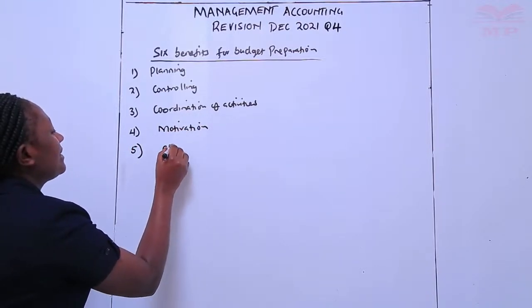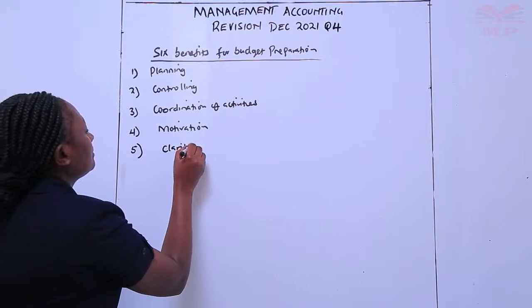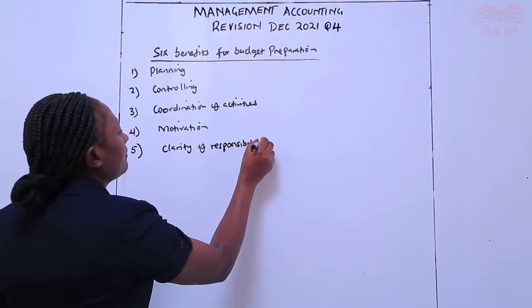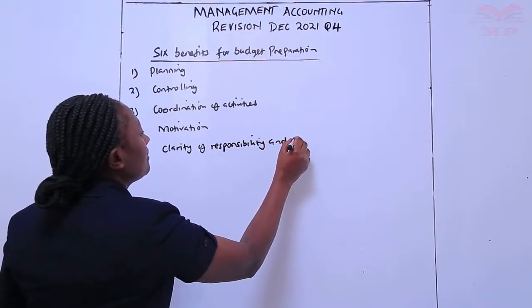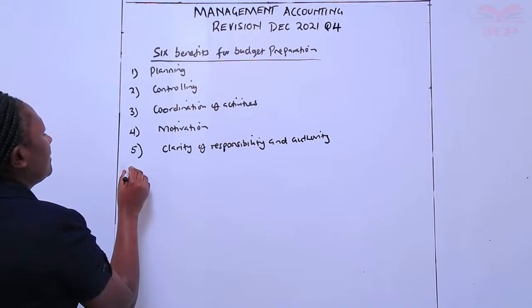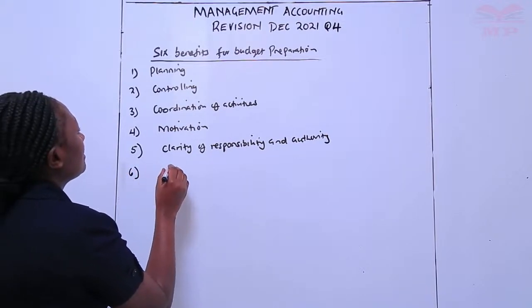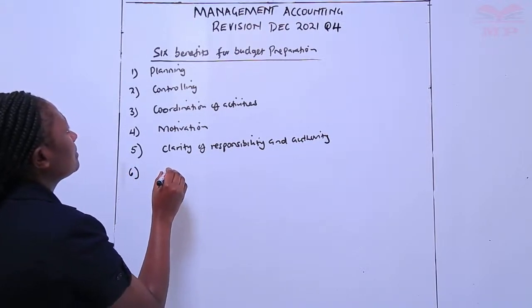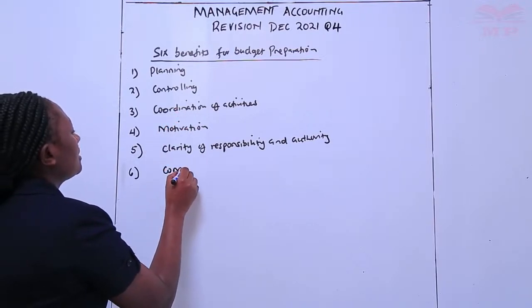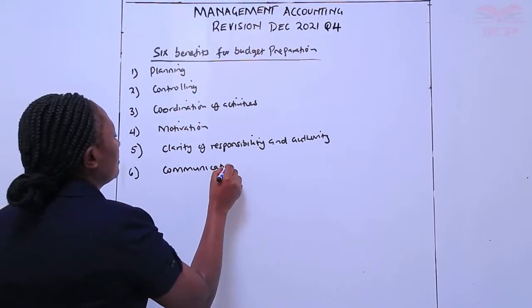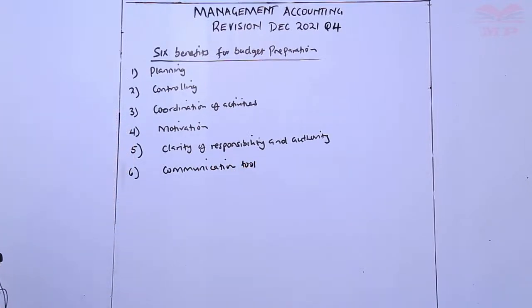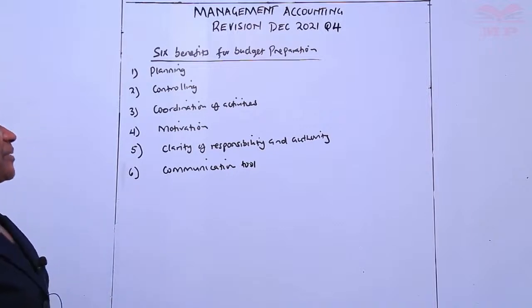Number 5, clarity of responsibility and authority. And then number 6, we have communication as a tool. So, 6 benefits for budget preparation.